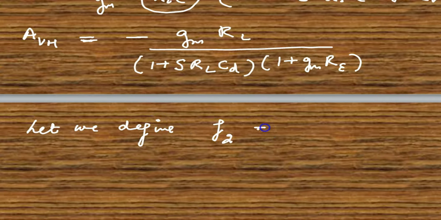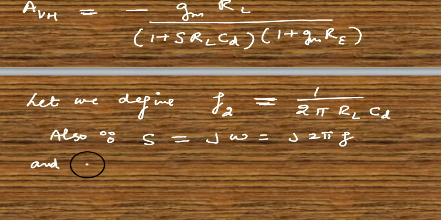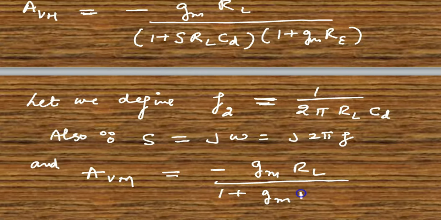So let us define f2 as 1 upon 2 pi RL CD. We are defining it, and already we set s equals j omega, meaning j into 2 pi f. And already in a previous video I calculated Avm, meaning voltage gain at the mid frequency.